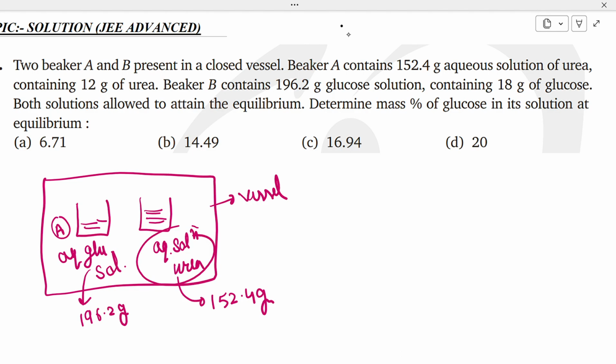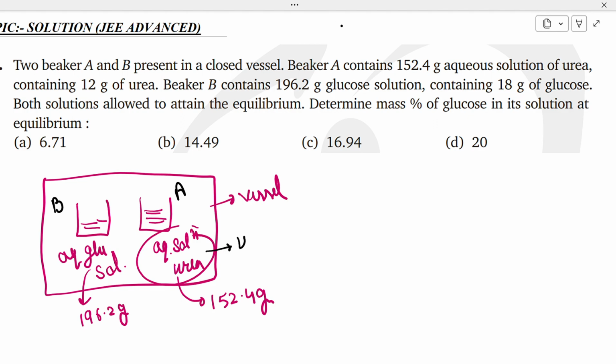The urea solution is in beaker A and the glucose solution is in beaker B, and the mass of urea and mass of glucose are also given.